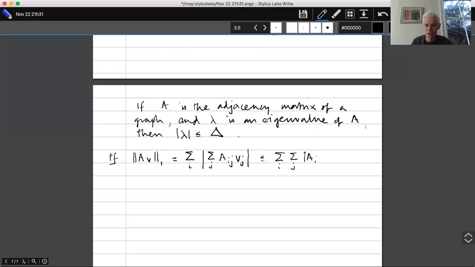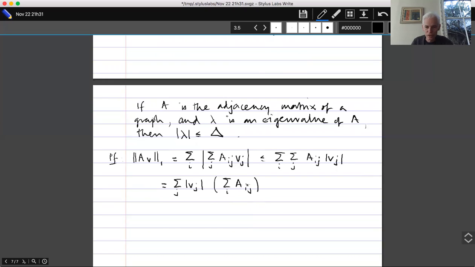And then I'll comment about how I can generalize it. So, aij times the modulus of vj. And now we just interchange the order of summation. So that's the sum over all j of the modulus of vj, times the sum over i of aij.